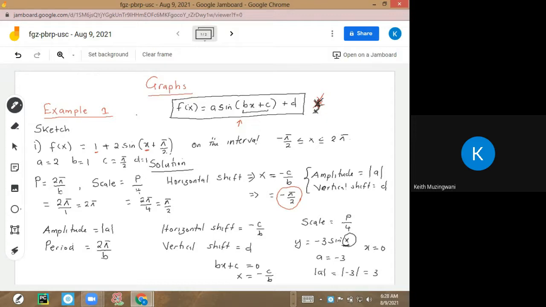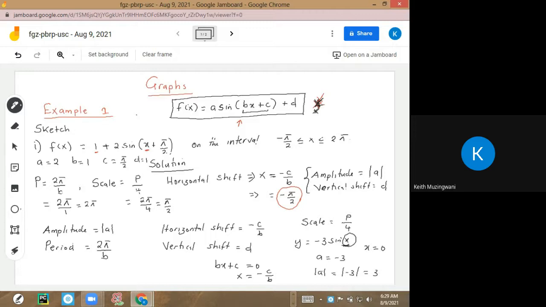So negative pi over 2 over b. b is 1, so we get pi over 2 over 1. And remember, it must be negative. So we have negative pi over 2. The vertical shift in this case, if you wanted it, is 1. That is our d. And the amplitude, the modulus of 2, which could just be positive 2.